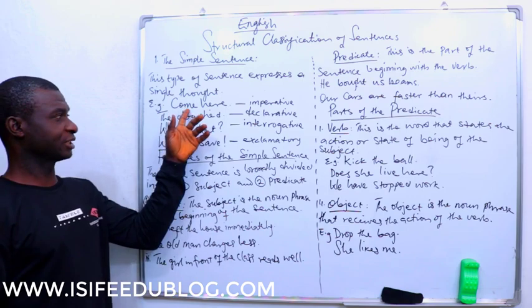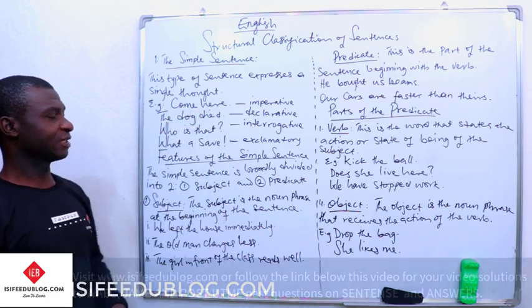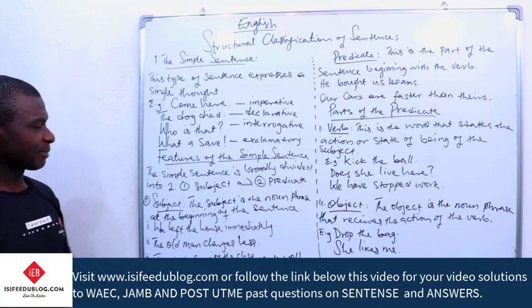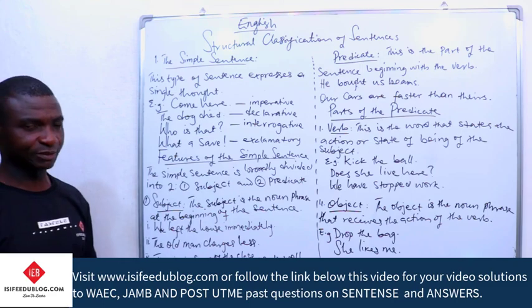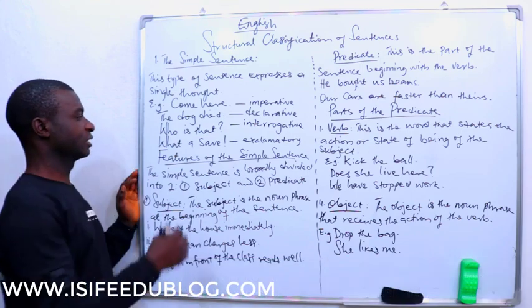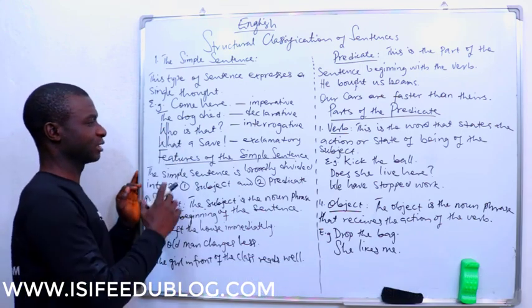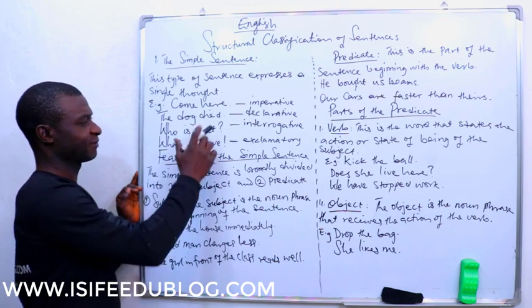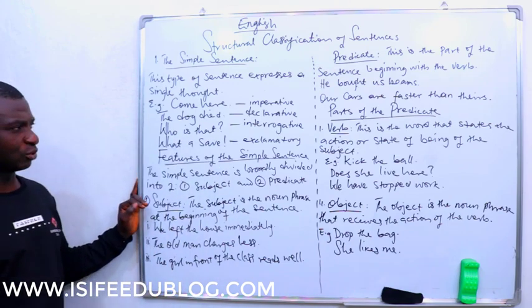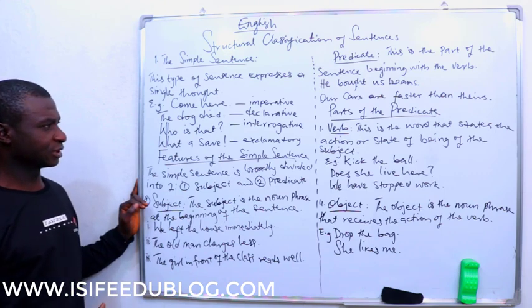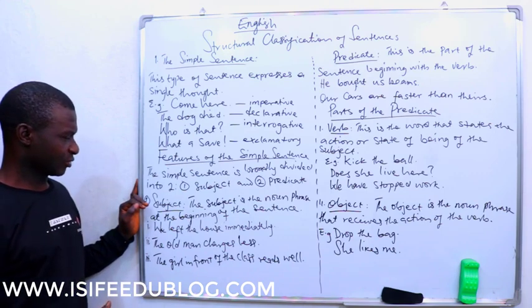In the first case, the verb and the adjunct. Alright? Then the third sentence has, who is that? That's an interrogative sentence. The interrogative sentence has who as the subject, is as the verb, and that as the complement of the subject, who, in that interrogative manner.